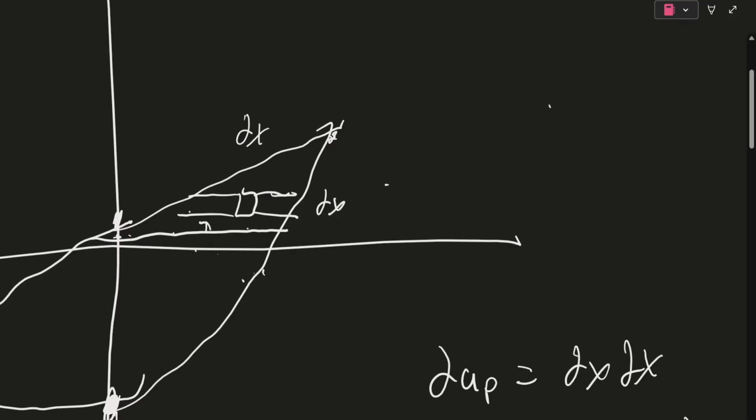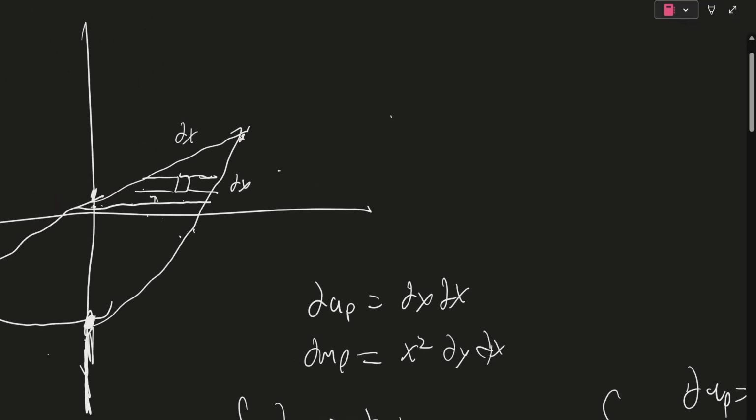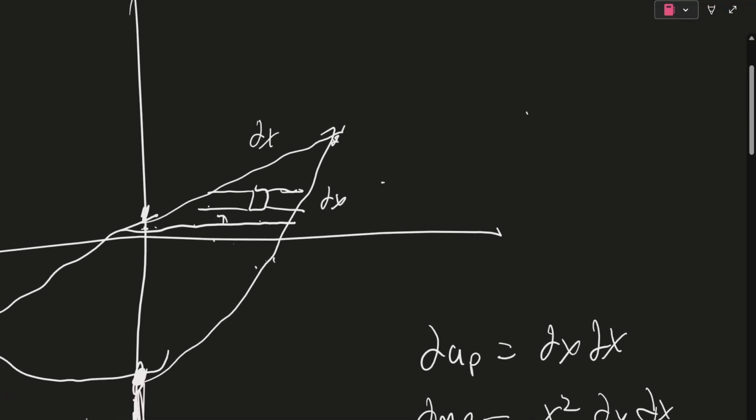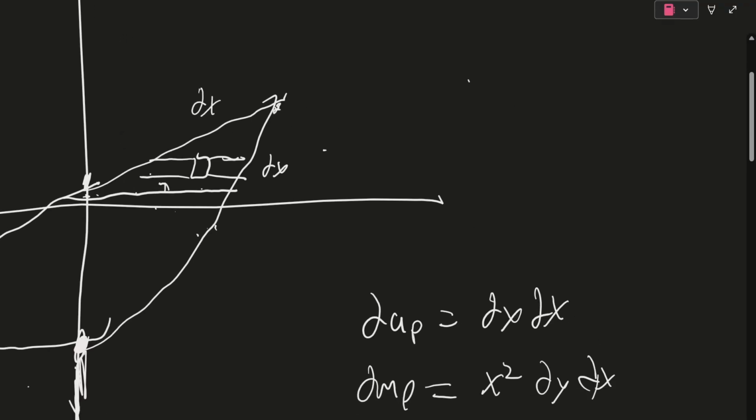So we're going to want little horizontal strips, and to form those horizontal strips, we have to integrate our little dA point from our left function to our right function.